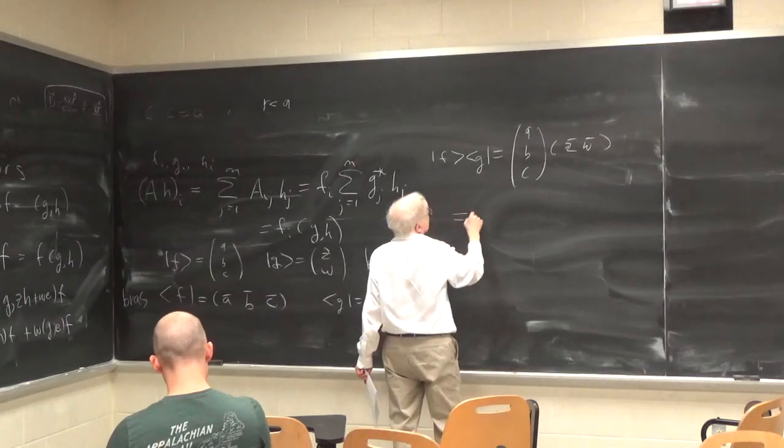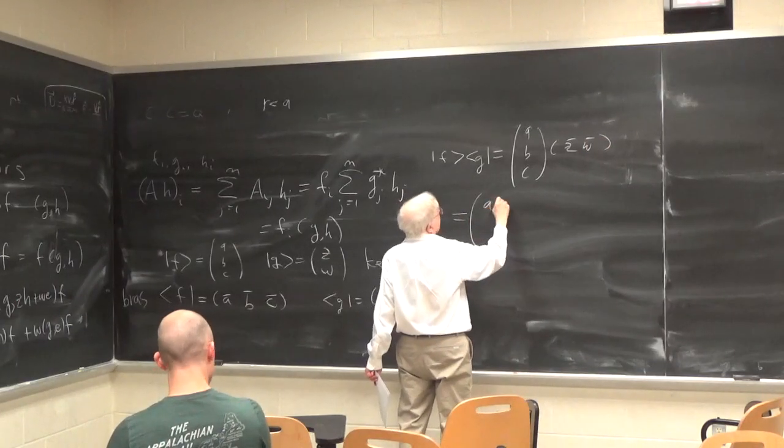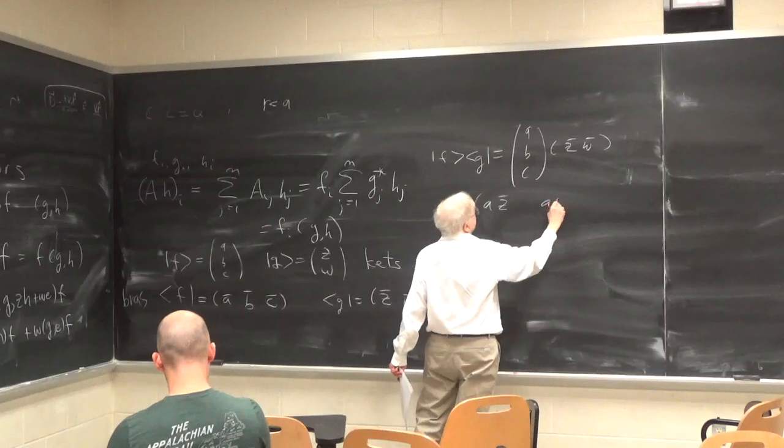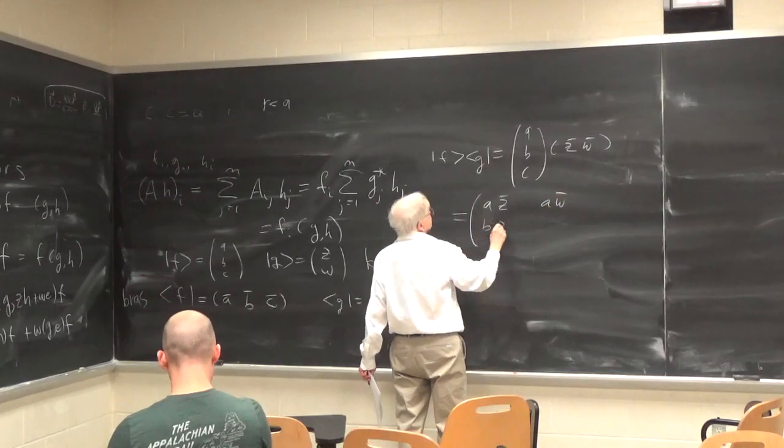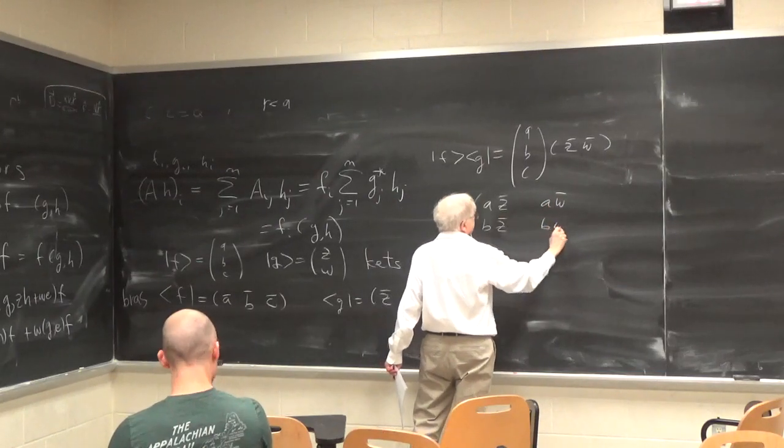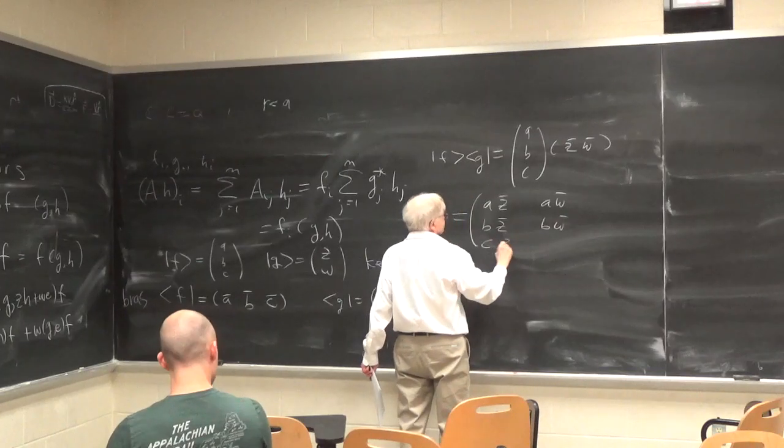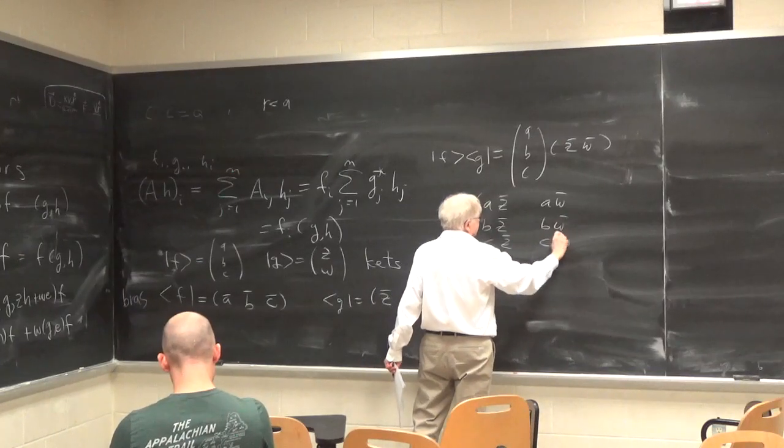And so this thing is A Z star, A W star, B Z star, B W star, C Z star, C W star.